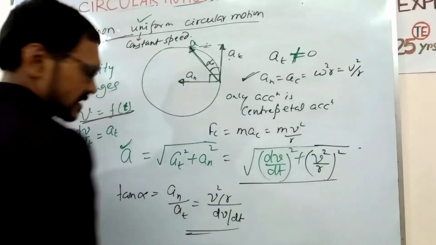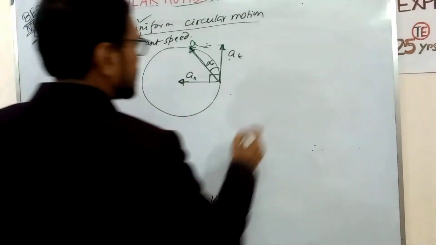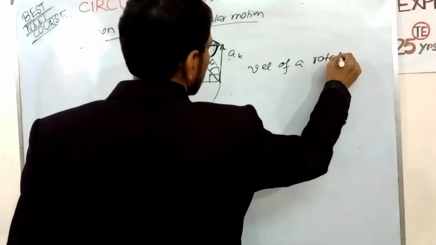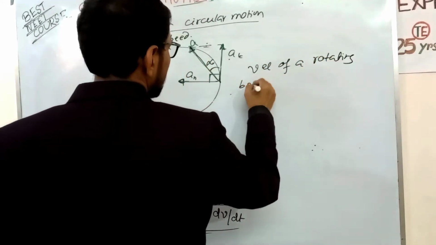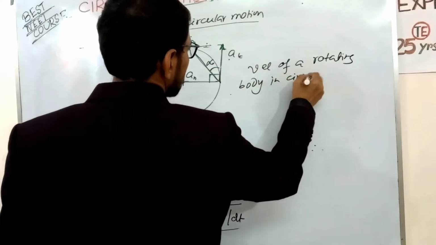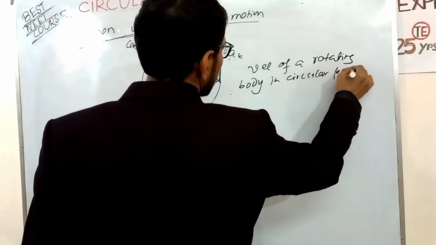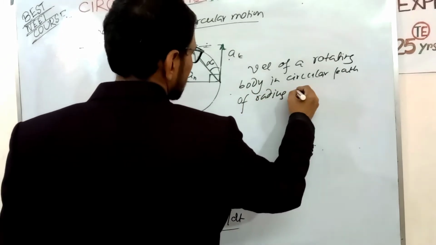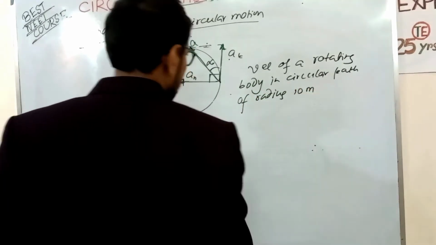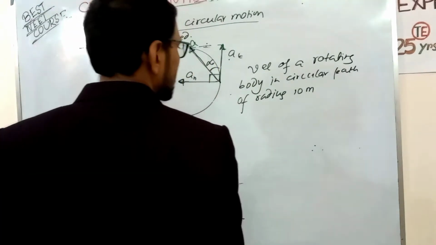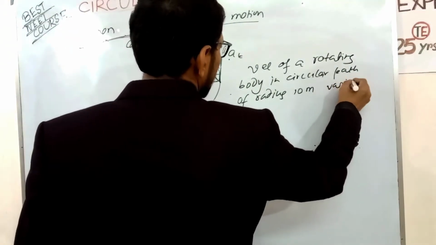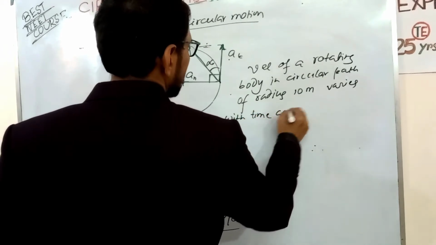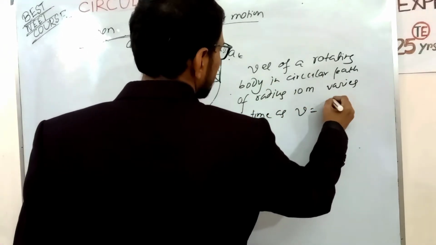Now, the velocity of a rotating body in a circular path of radius, suppose, 10 meter, varies with time as v equal to t square.